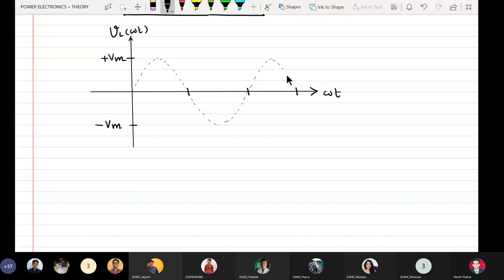And here we have our points alpha, pi plus alpha, 2 pi plus alpha.